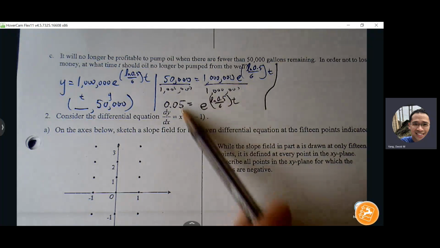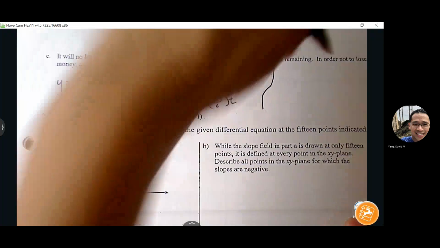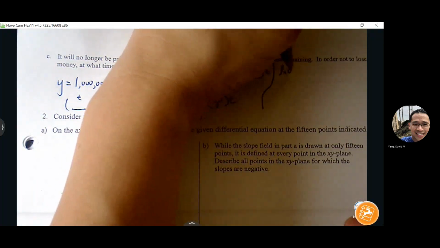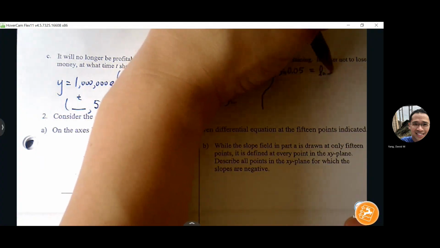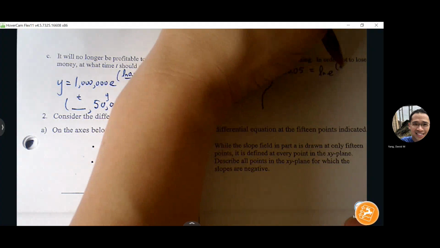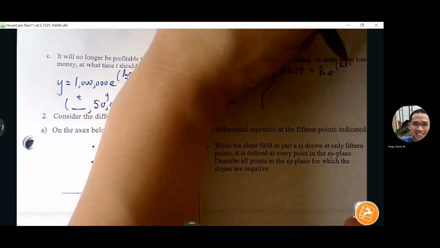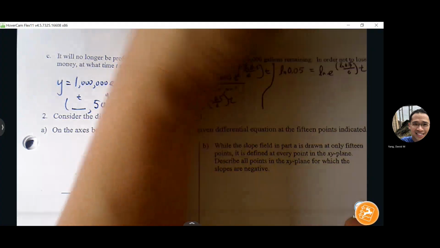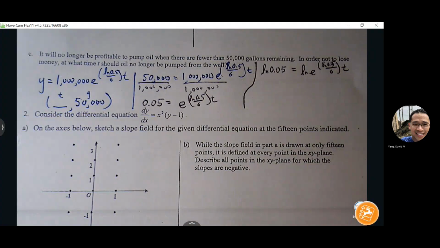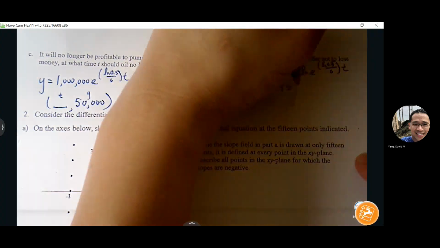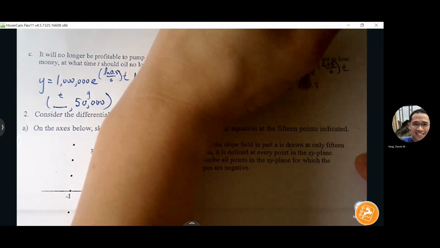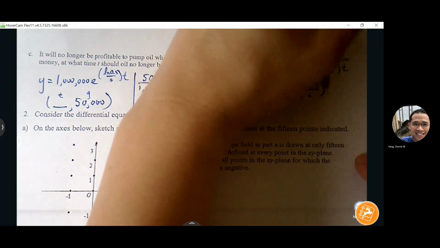Natural log, which will allow that exponent to freely come down. Natural log of e goes away.